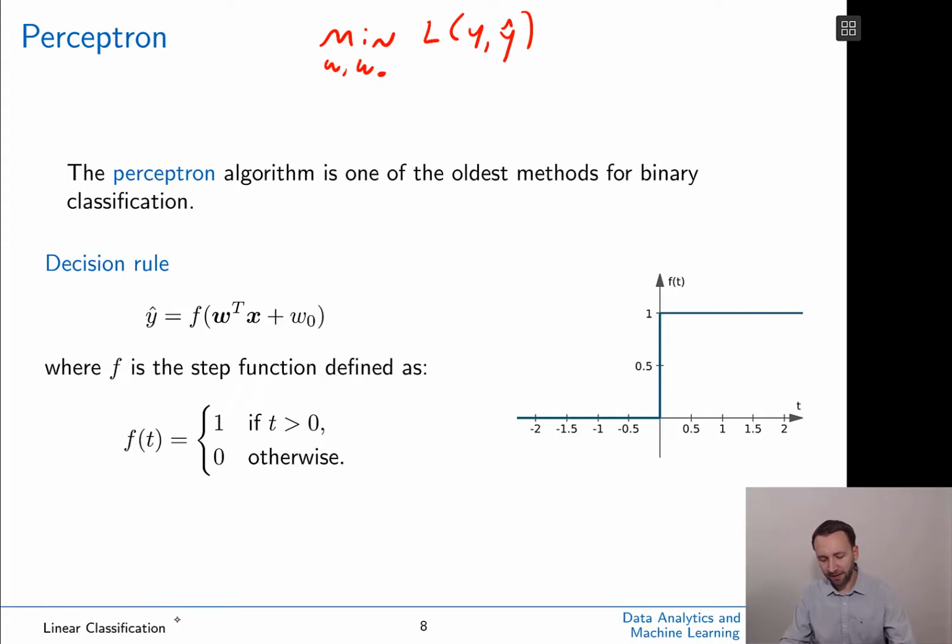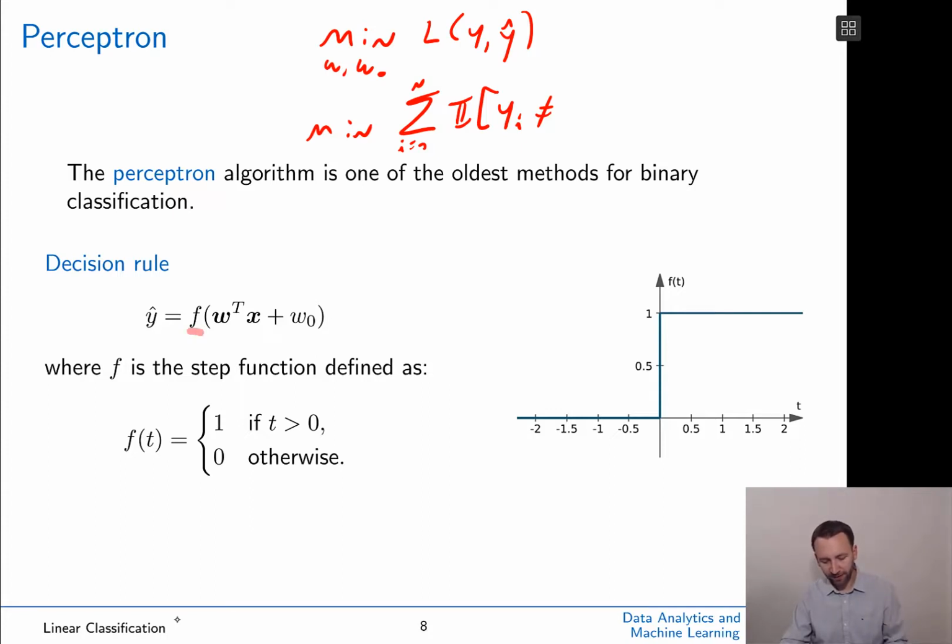In this case, our loss function could be the 0,1 loss, which sums over all the instances, and we check whether the ground truth label y_i is unequal to the predicted label y hat. And what is our y hat?